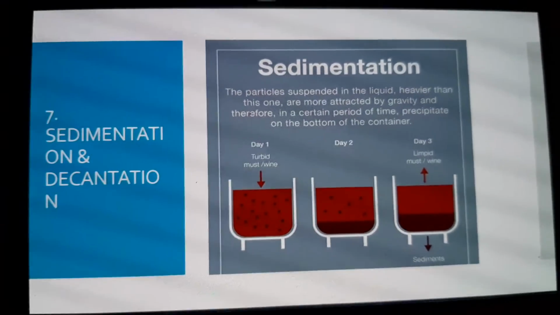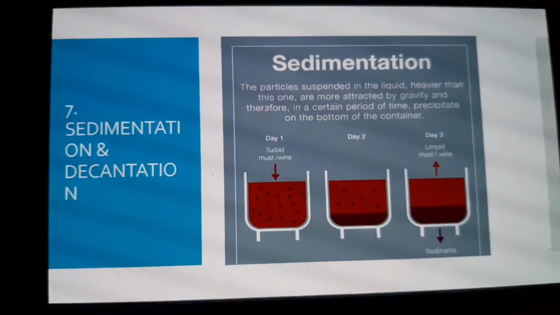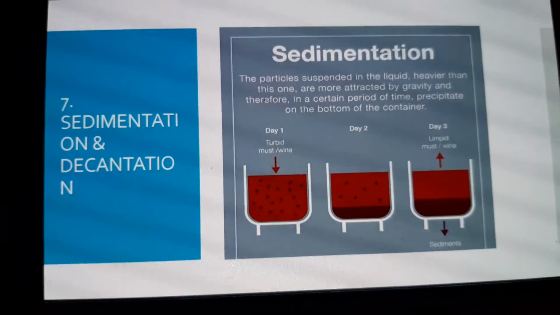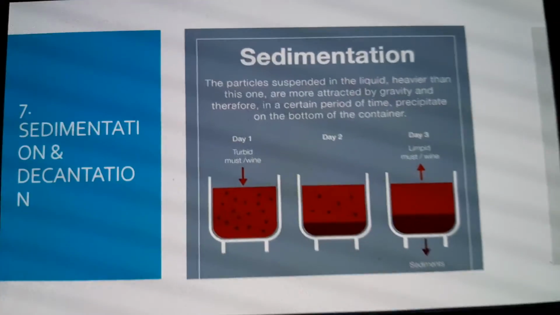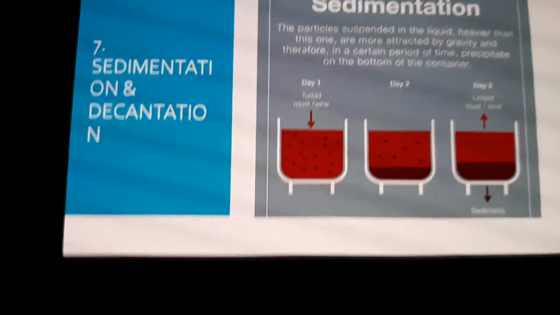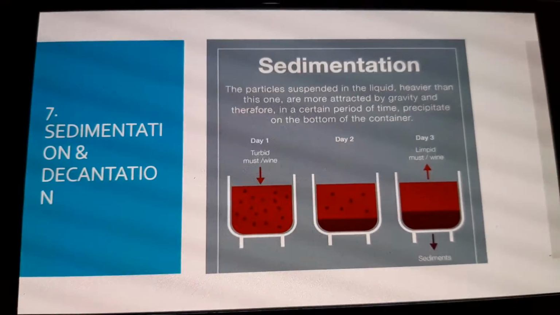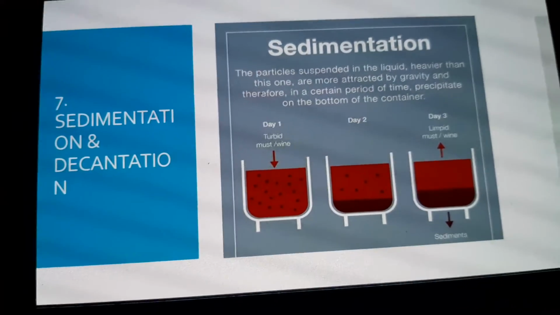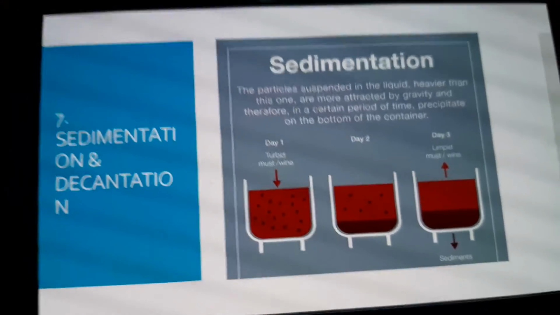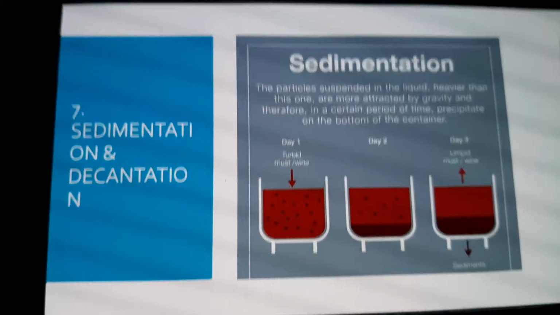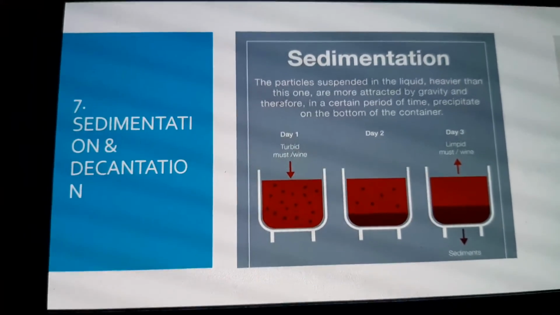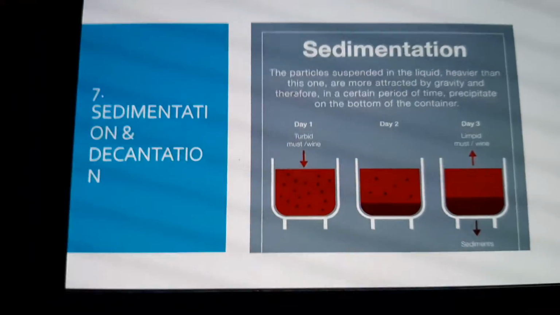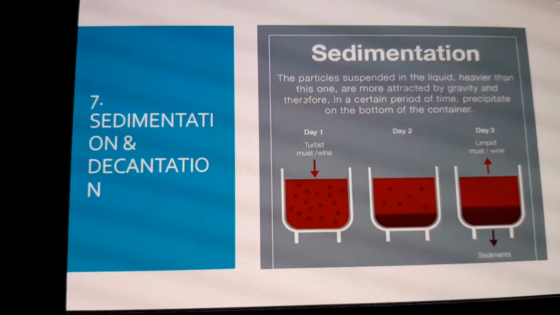Next up, we have the last technique, that is sedimentation and decantation. What is sedimentation? From the picture, you can see the particles suspended in the liquid are heavier, more attracted by gravity, and therefore, in a certain period of time, precipitate at the bottom of a container.